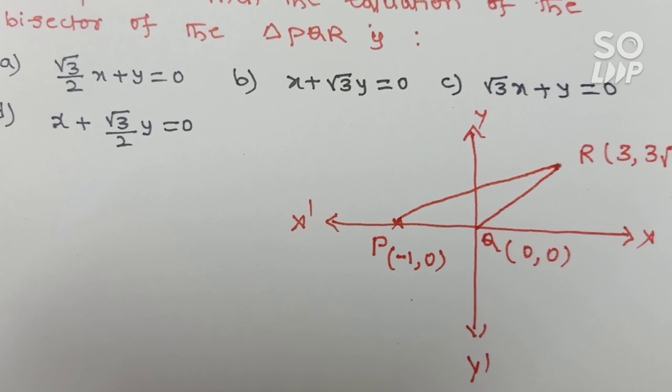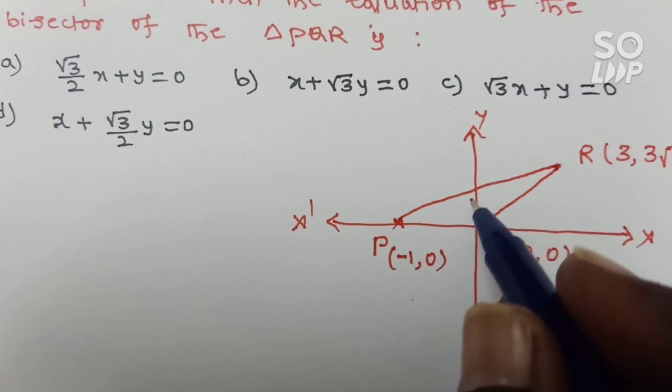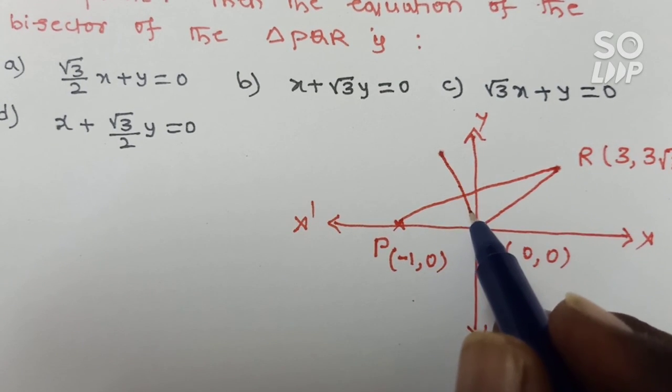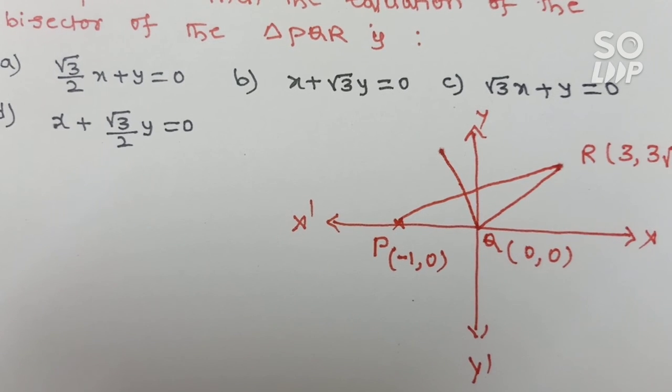Which one do we have to find? The equation of the bisector of this angle. So we should find this equation, right?